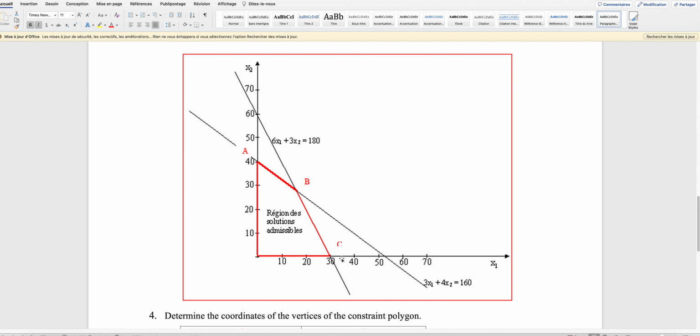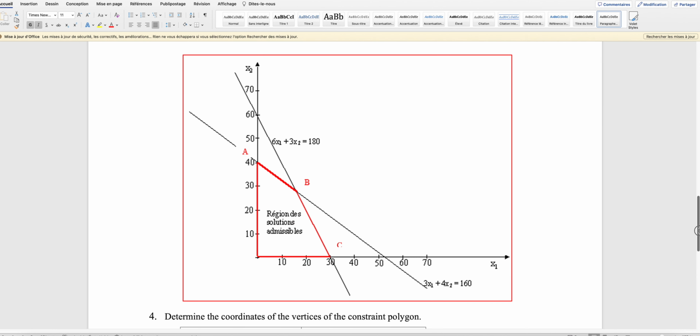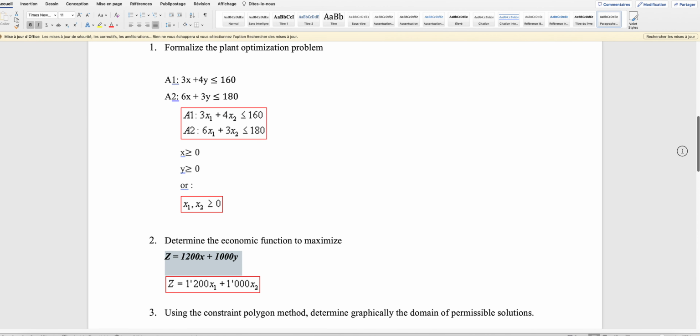If you have a doubt, for example, if you consider we are going to produce 53x1 and 0x2, we have a look at the first constraint. We multiply 3 by 53.